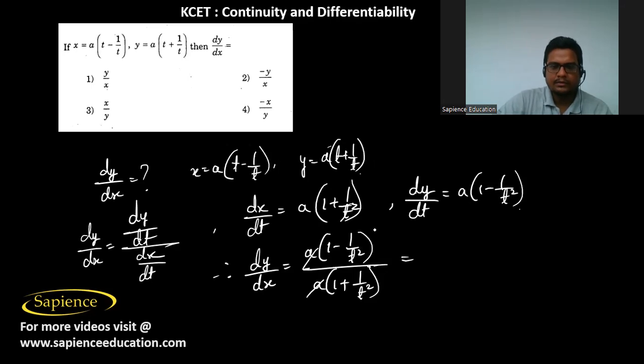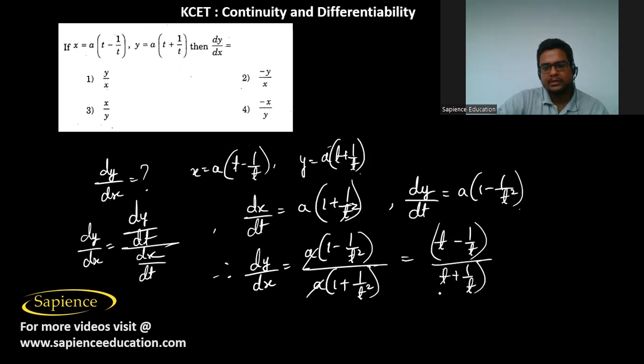If we multiply and divide by t, we will get t minus 1 by t over t plus 1 by t. And we can multiply with a also. So a into t minus 1 by t, which is y, over a into t plus 1 by t, which is x. So x by y. So dy by dx is equal to x by y. So option 3 is the correct answer.